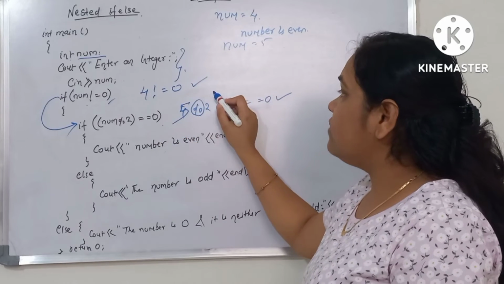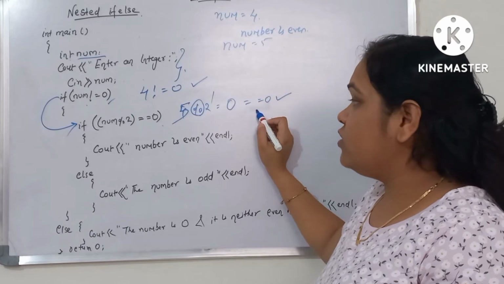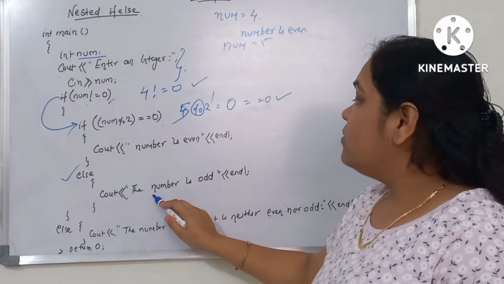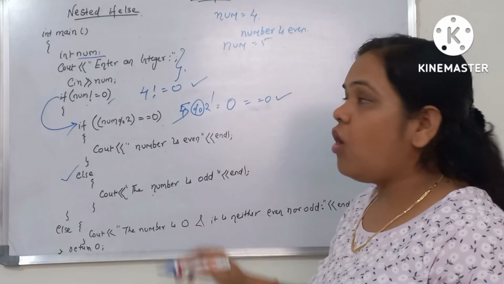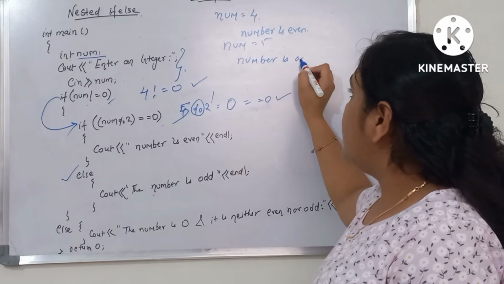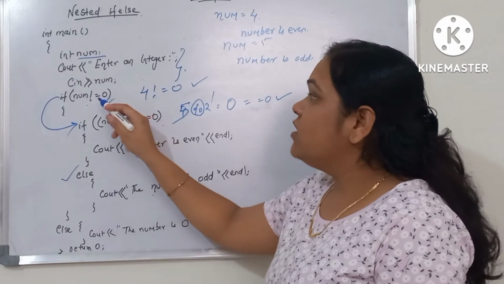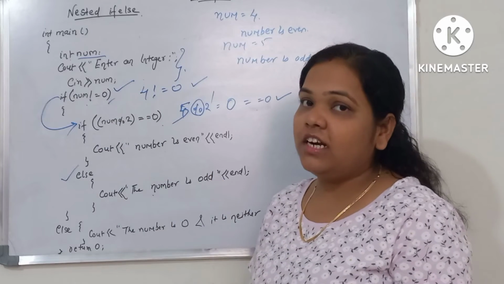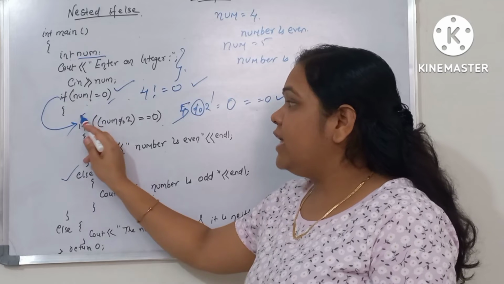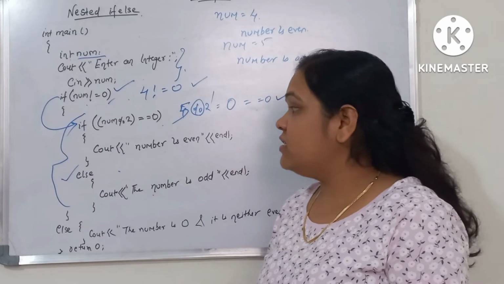Clear? For example, if the user enters num value 5, then what happens here? 5 mod 2 gives remainder 1, and 1 is not equal to 0. So here the else part will execute and print number is odd. For num 5, number is odd. So in nested if else, we first test the condition for the first if. If this condition is true, then only the inner if else executes.